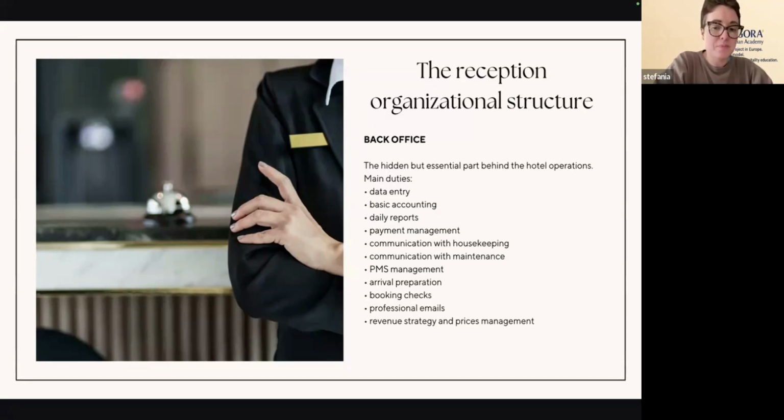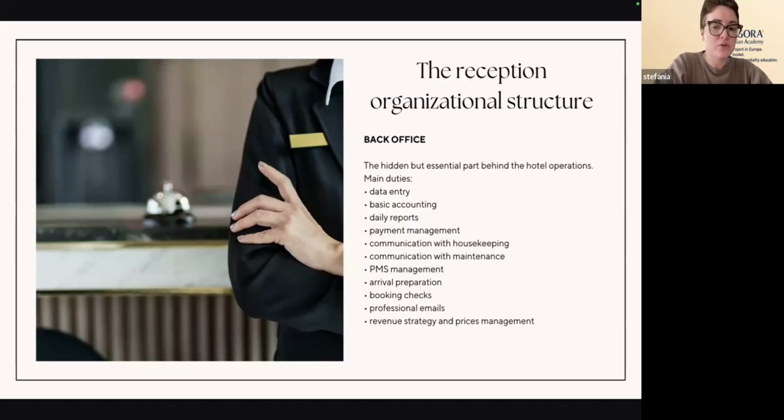PMS management. So you know what PMS is. We are going to see it then in the glossary. PMS is property management system, meaning the system in the computer which is used by a resort, hotel, any type of building to manage all the operations from the data entry, from the booking entry until the guest registration, check-in, check-out, everything.